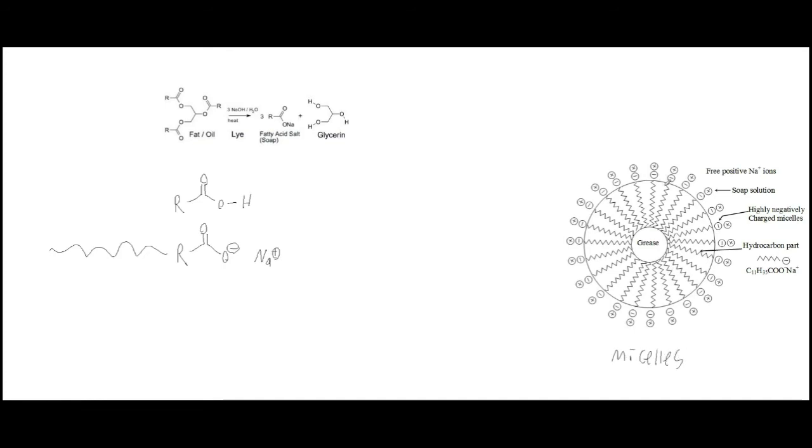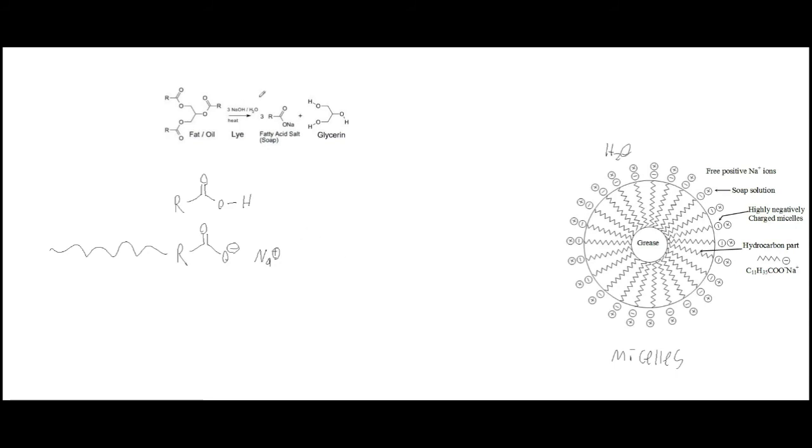So we end up with, these are called micelles. So the hydrocarbon chain is interacting with the hydrophobic grease, while the head of this molecule is interacting with the water. And so that's how when you add soap to greasy water, this can lift grease off of the surface by allowing it to dissolve in the water.